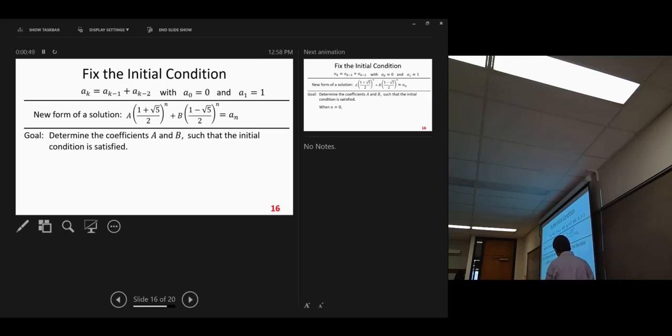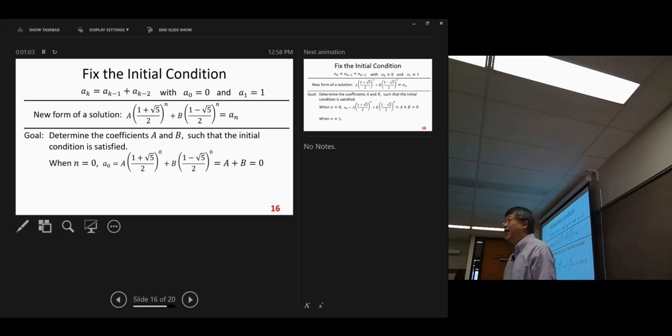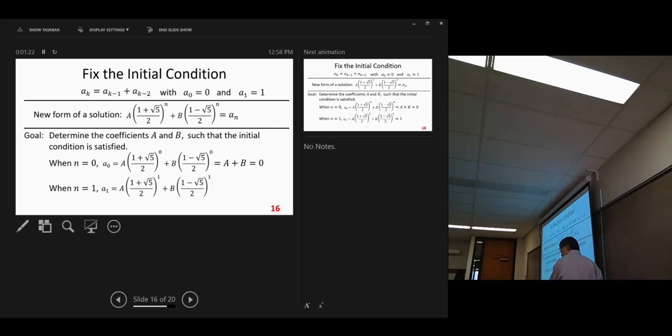When n equals 0, the 0th power is 1, so 1 times A, 1 times B, that is A plus B. A plus B should be 0 to make a_0 equals 0 satisfied. Then the second one. Let's plug in n equals 1. We have this equation.